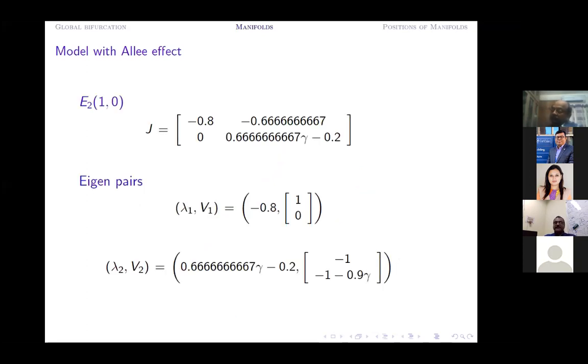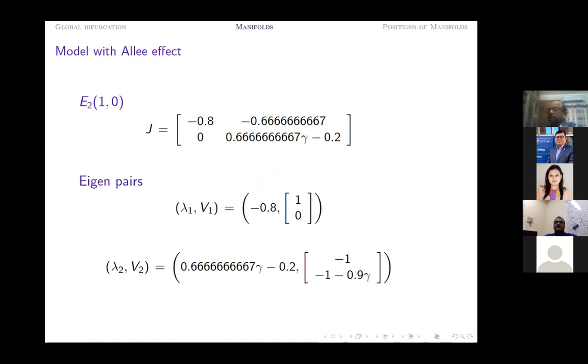In the previous slide, we have already obtained this vector. Think of its components as, say, W1 and W2. So what will be the equation of the unstable subspace?